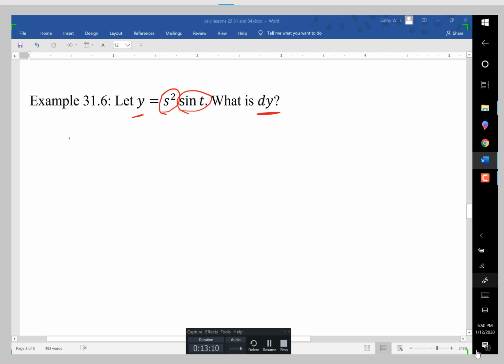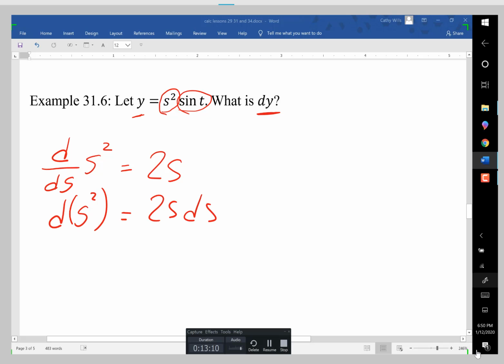The derivative of this first function, d ds, means the change in the value of the function divided by the change in the value of the things you put into the function, which are s's. That is 2s. If I just want the differential of this function, I multiply both sides by ds. So the differential of s squared is equal to 2s ds.